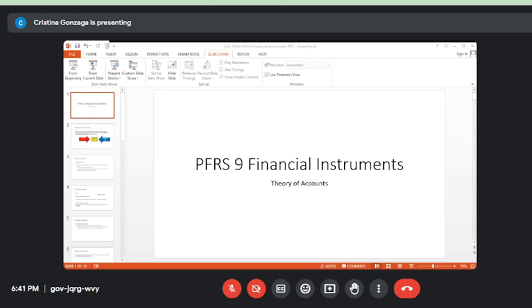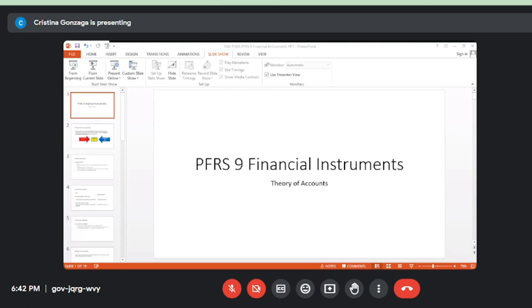Okay? So, doon pa lang sa classification, the accountant must be knowledgeable. However, there is a certain degree of subjectivity when classifying a financial instrument. Hindi naman mawawala yun eh, yung degree of subjectivity.